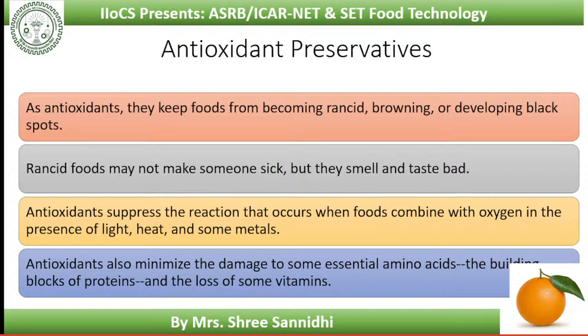Antioxidants suppress the reaction that occurs when foods combine with oxygen in the presence of light, heat, and some metals. That is, antioxidants avoid the oxidation of food. Antioxidants also minimize the damage to some essential amino acids, the building blocks of proteins, and the loss of some vitamins.